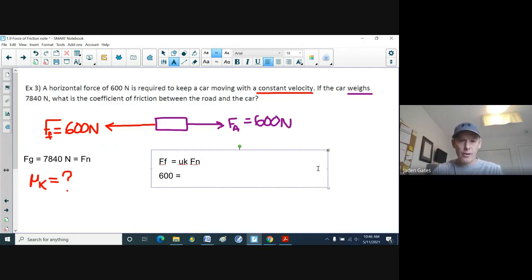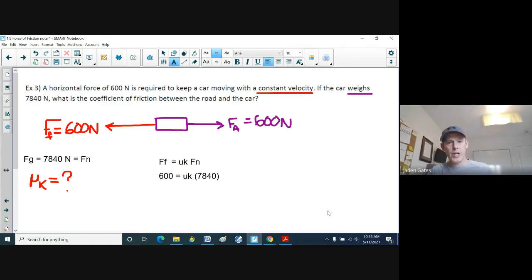So 600 is our force of friction. We have our mu k. Our normal force, which again is equal to the weight, 7,840. And last step, just like we did in the last example, we divide by 7,840 to get mu k by itself.